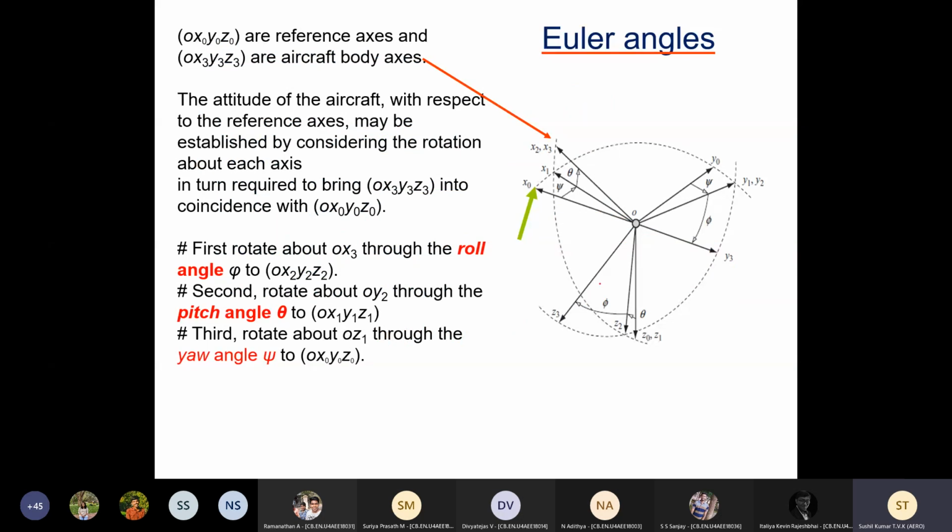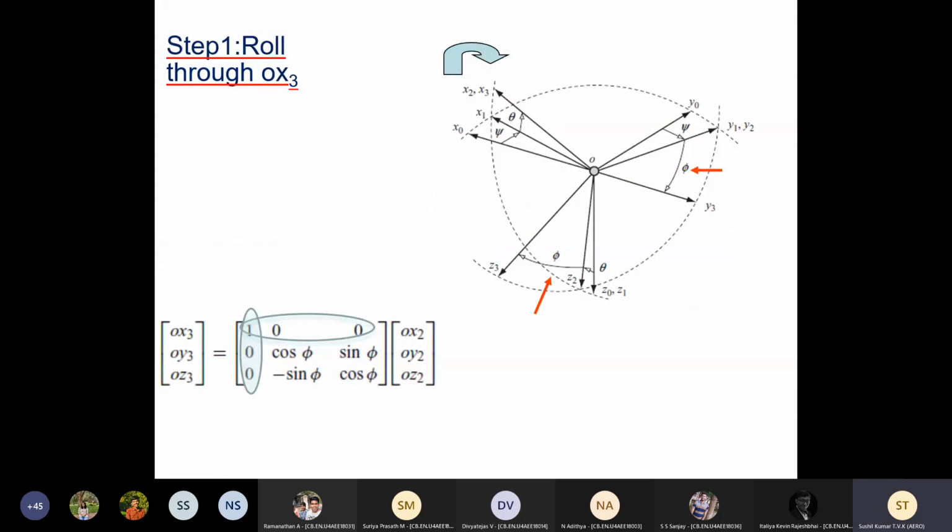When you talk about Euler angles, you follow a sequence. First, you roll the aircraft, then you pitch with theta, and then you yaw, so that you come to the final orientation. This derivation I'm not going through. It's given in Cook also, and I think the first module in your flight mechanics already has it.